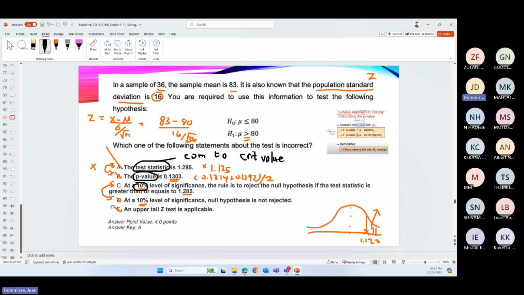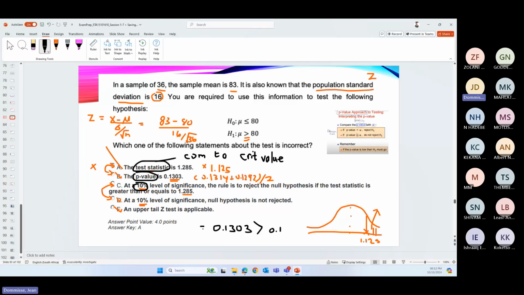So sometimes you don't need to calculate everything, because here, okay, we calculated z. With a z, you can get to the p-value, but then you can already compare and say, well, that p-value is bigger than the 0,1 because that's 10%.